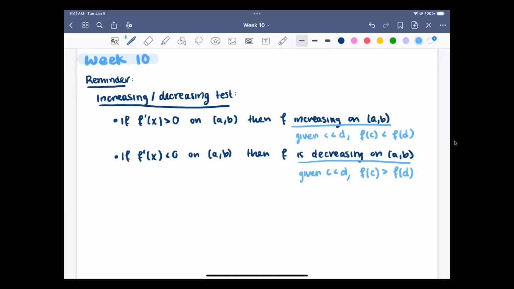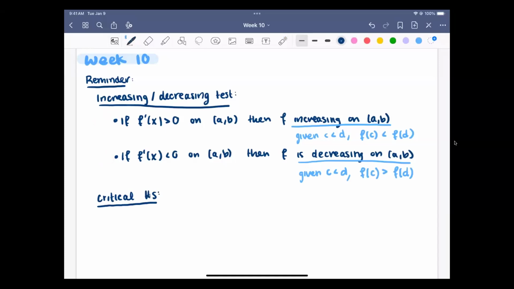The other information that we have about what the derivative of a function says about what the graph of the function looks like is stuff about critical numbers. In some sense, this is the rest of the cases, right? What can the derivative be? It could be positive, it could be negative, it could be 0, or it could not exist.